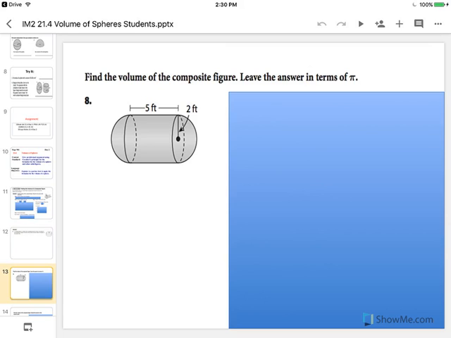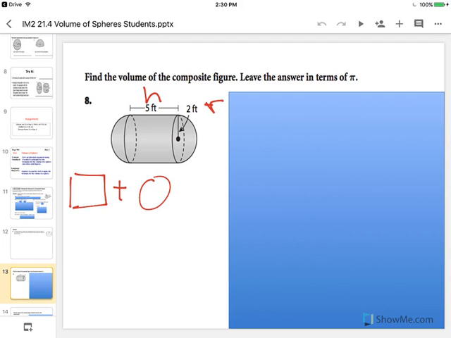So here we have a composite figure with a cylinder and 2 hemispheres, one on each side. We can think of this as a cylinder plus a sphere. We're given that the height of the cylinder is 5 and the radius is 2.